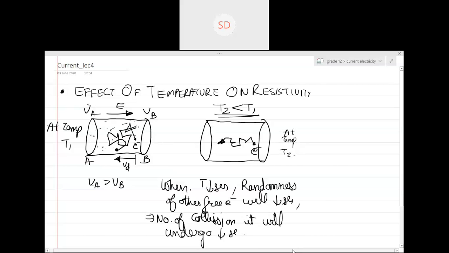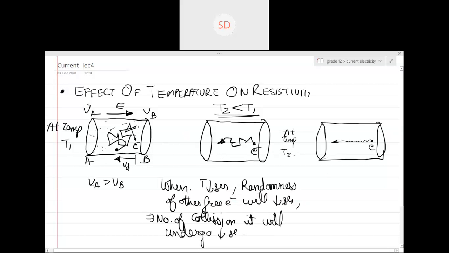Suppose you decrease the temperature further, then will the electron be moving like this? Can you see this? The randomness is decreasing as temperature is decreasing. Is this clear?